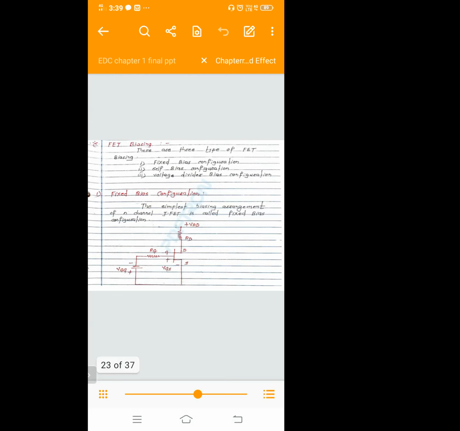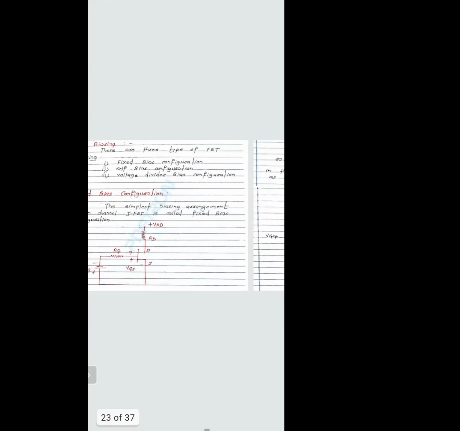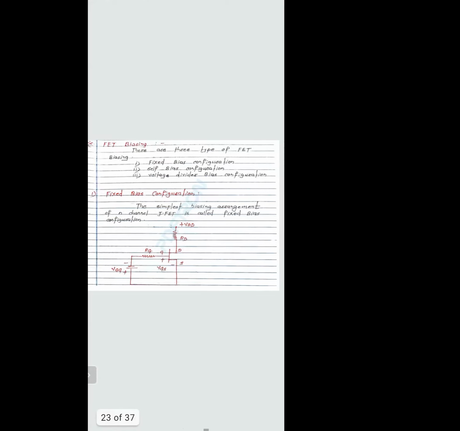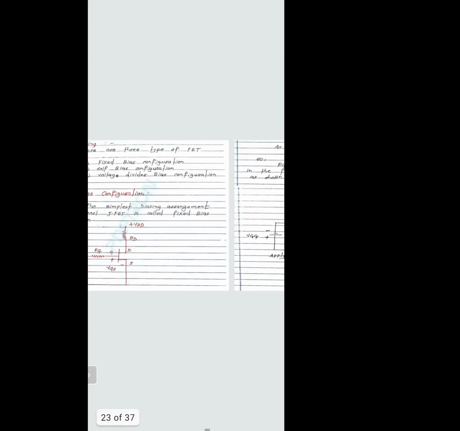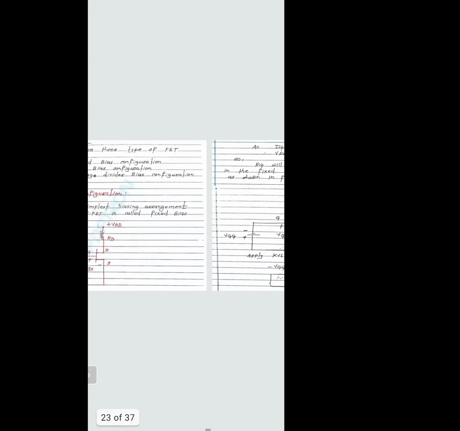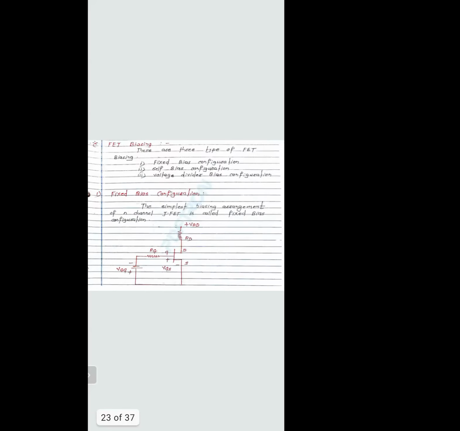Due to that negative VGG voltage, there should be a reverse bias condition with respect to the field effect transistor. This is used for the purpose of biasing the particular condition of the field effect transistor. Due to the voltage applied across VGG, it should go into reverse bias.